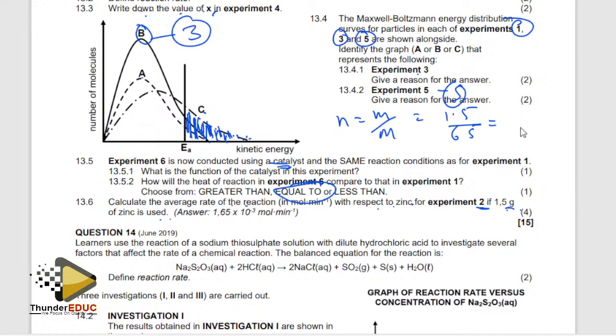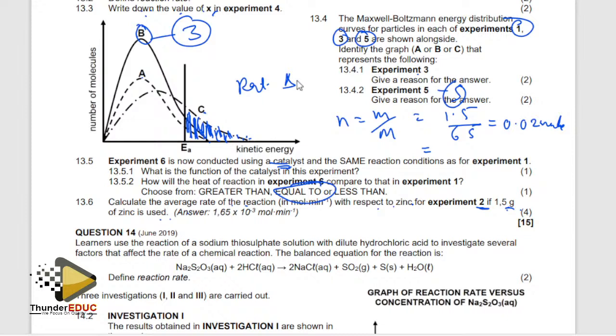So here the answer is maybe 0.02, it could be 0.02 there. Use the calculator and then find out. And then after that, so now I have the number of moles. These are the number of moles. So don't forget that the rate of reaction is going to be the change in the number of moles over the change in time.